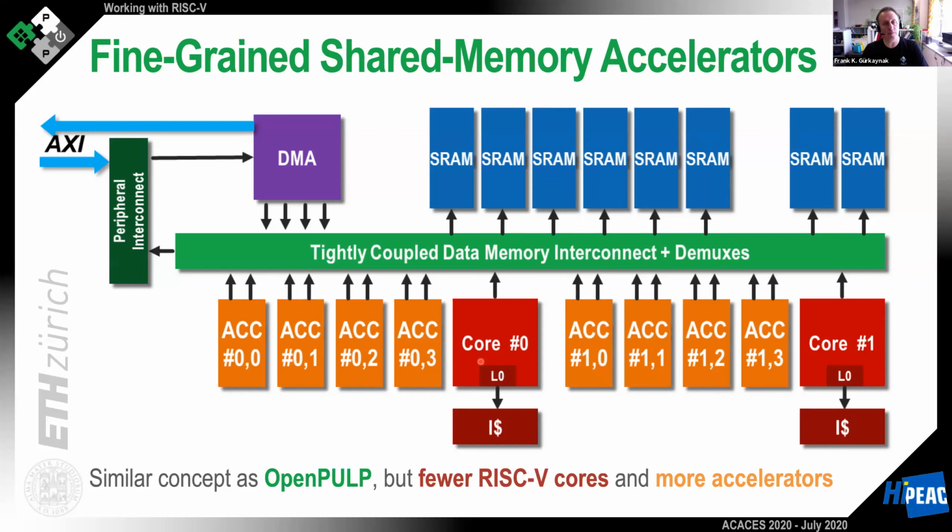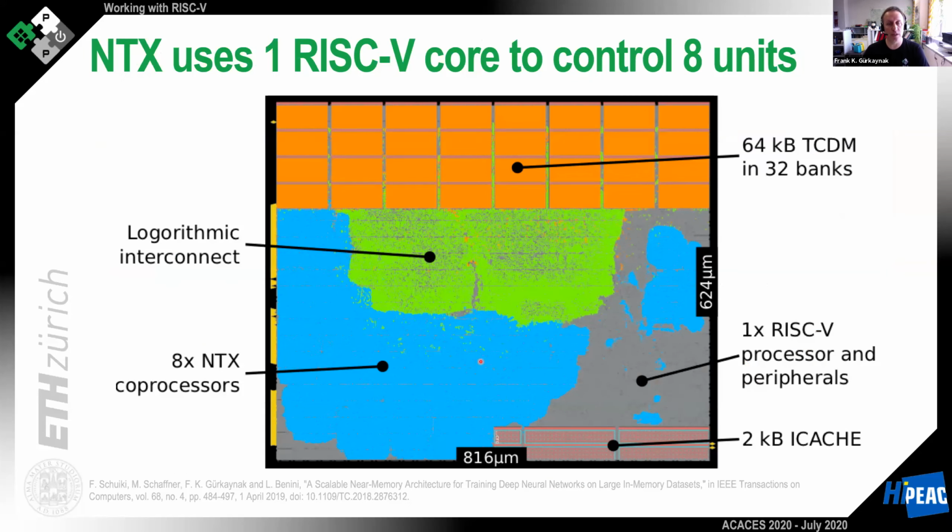So the concept is the same, it's maybe turned around on its head. If you look into it, the NTX block has 8 such coprocessors, but there is still one RISC-V processor and the peripherals that work with it. It also includes the 64 kilobyte TCDM in 32 banks and the logarithmic interconnect.